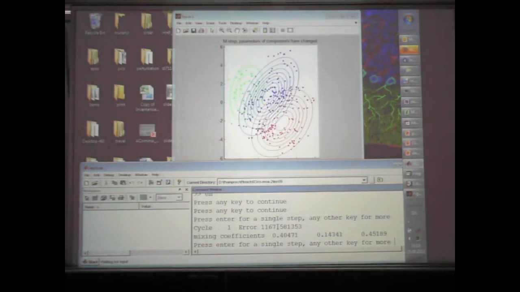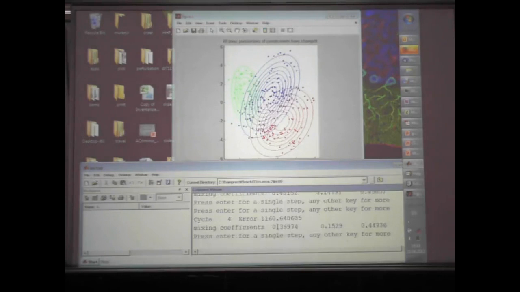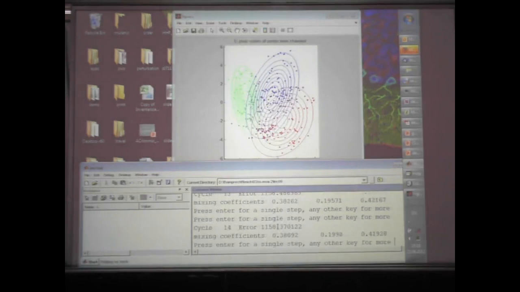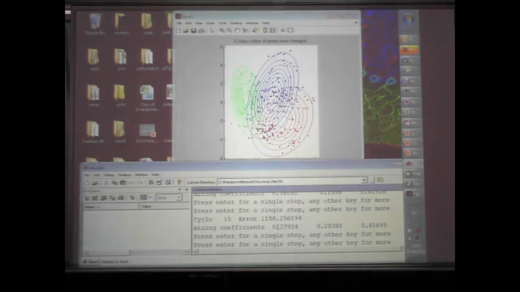Now I can re-estimate the memberships, so the color changes, and then I can update the Gaussians, and I can keep iterating this. And so on. So this is an example of an algorithm that involves hidden variables, and expectation maximization is one way of dealing with those.